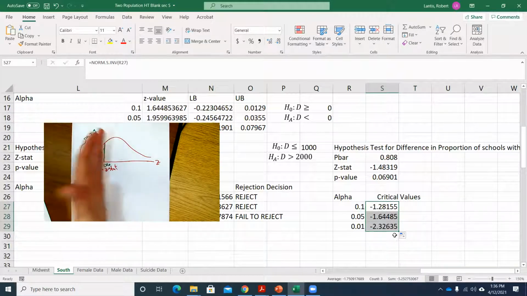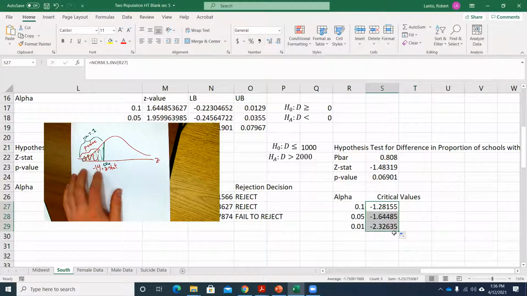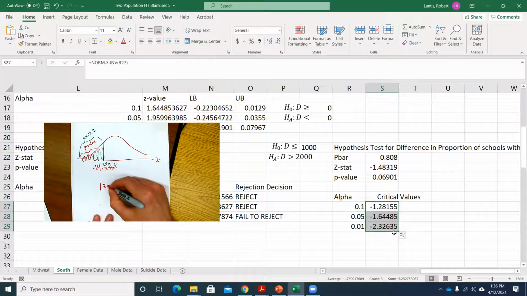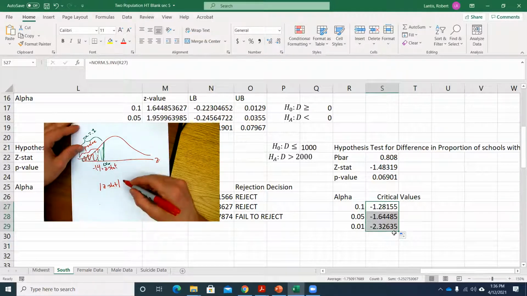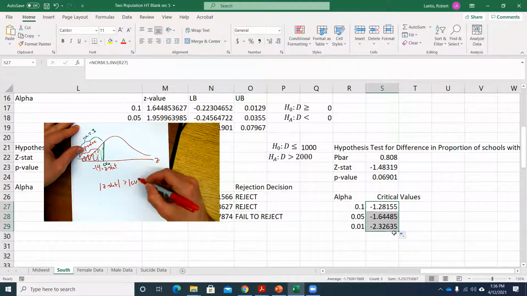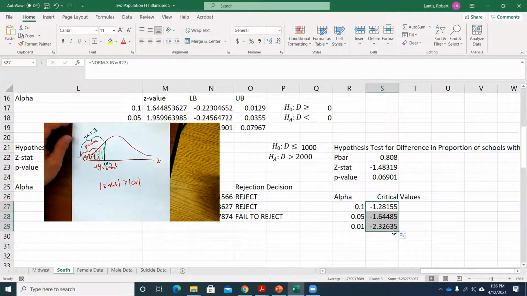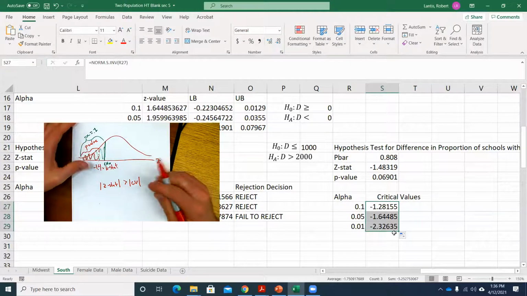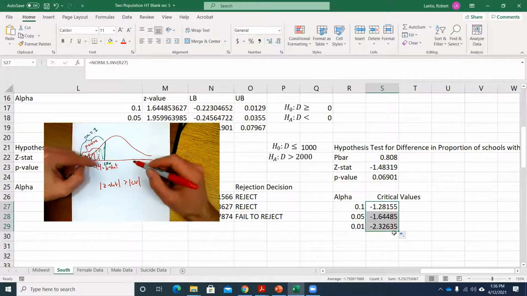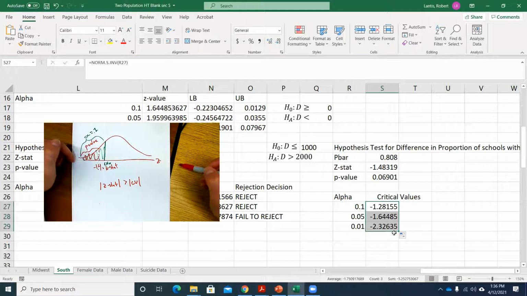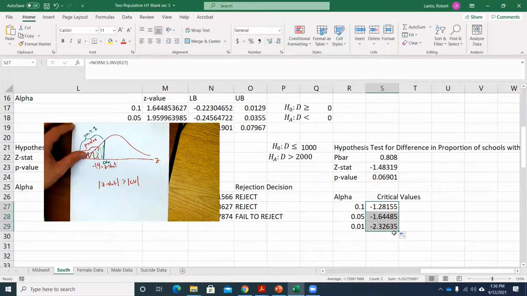So I could plot these 3 critical values and see where my test statistic lies, but there's also a rule that we said will always work. The reason we reject when the test statistic is in the rejection region is the idea that the test statistic is larger in absolute value than the critical value. And the reason we have to take the absolute value here is that on the left side we're dealing with negative values, and on the right side we're dealing with positive. So more extreme is positive for a right tail, but it's actually less than for a left tail. But if we ignore the signs, this will always hold.